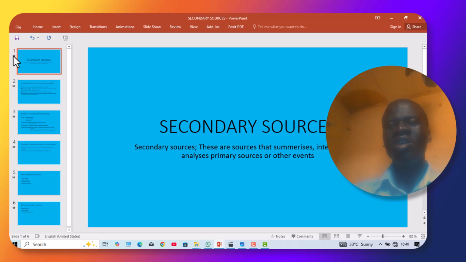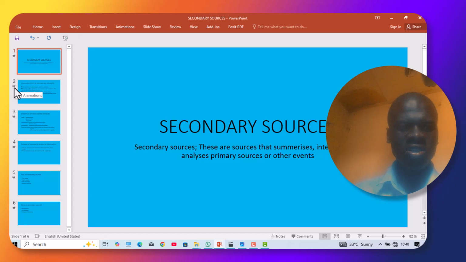We are saying these are sources that summarize, interpret, or analyze primary sources or other events. After getting primary sources of information, when you summarize them, make them shorter, simpler, easier to understand, you are getting now the what? Secondary sources.